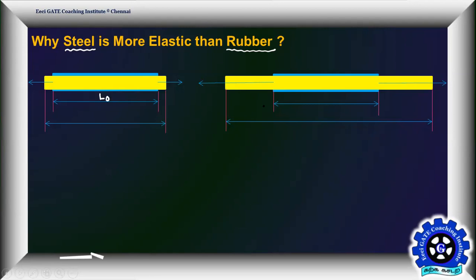The original length is L0, the same for both cases. Final length: L final for steel, and L final dash for rubber.